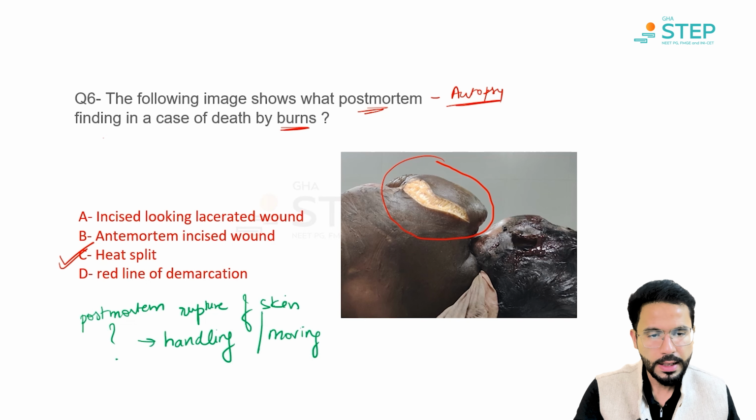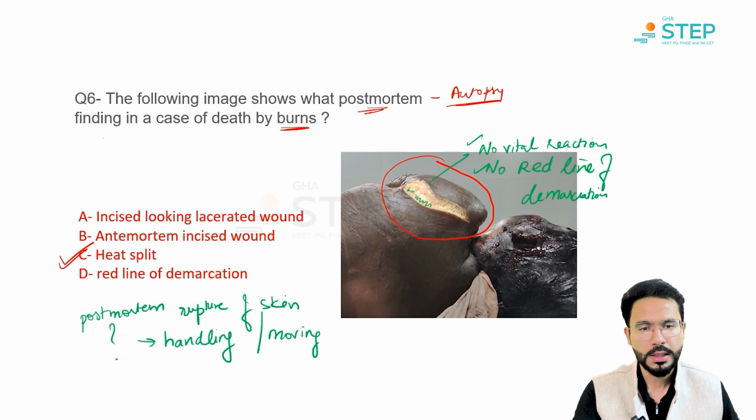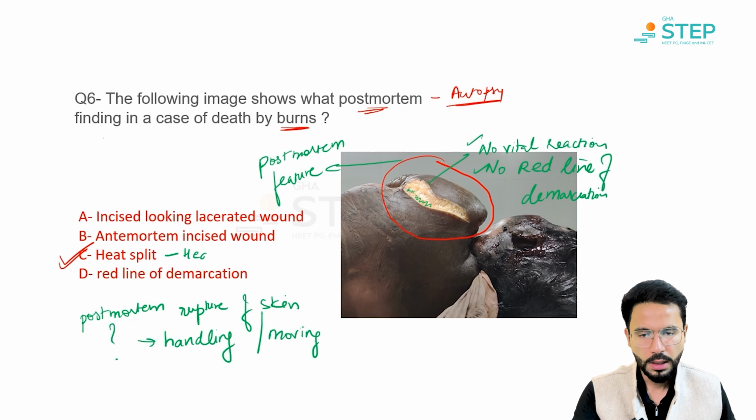Because it looks like some injury has happened over here, but once you see this yellow surface and you see no vital reaction and no red line of demarcation, it automatically means that this is a post-mortem feature.